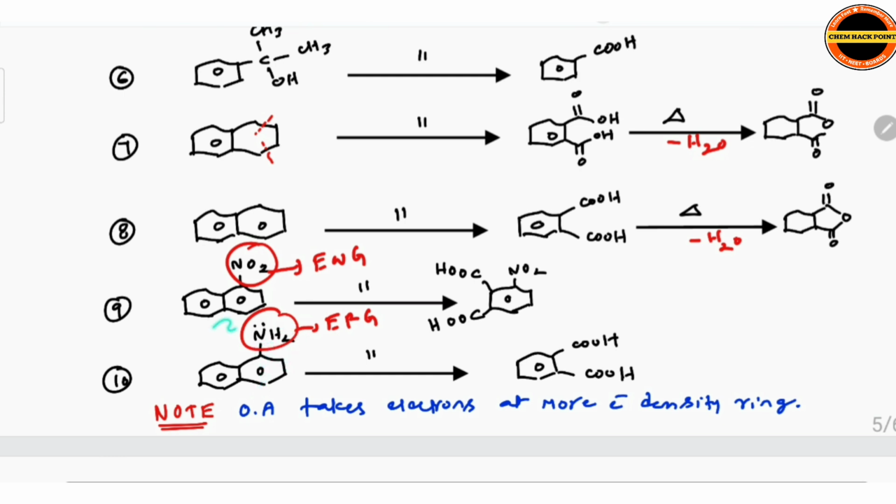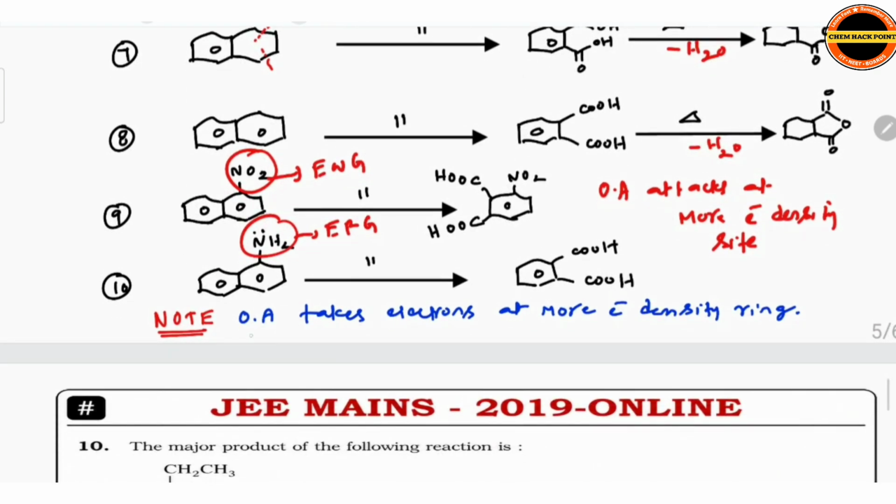So in the first case it attacks the first ring because NO2 is an electron withdrawing group, and in the second it attacks the second ring. The oxidizing agent attacks sites of more electron density. Okay, so the oxidizing agent takes electrons at the ring with more electron density.